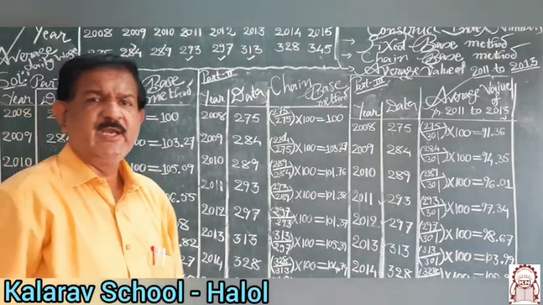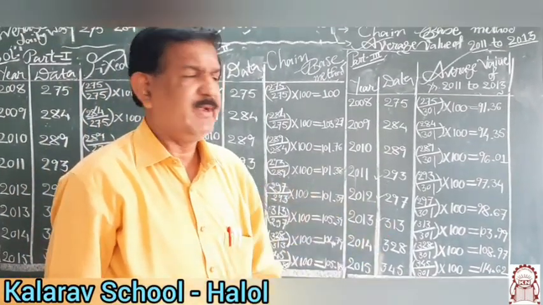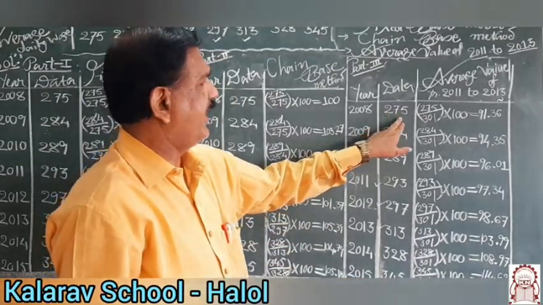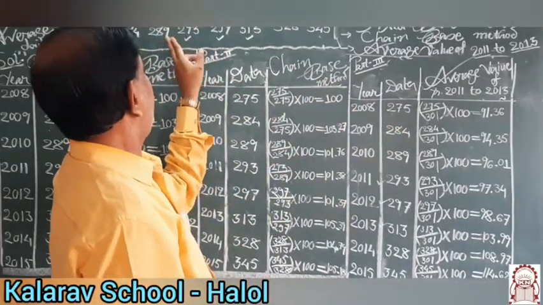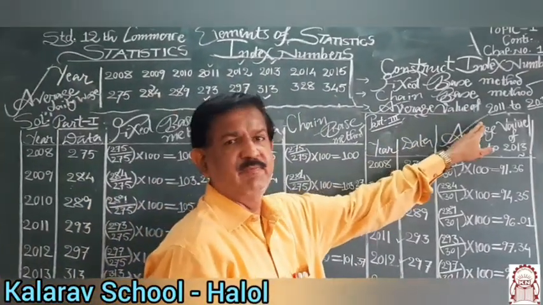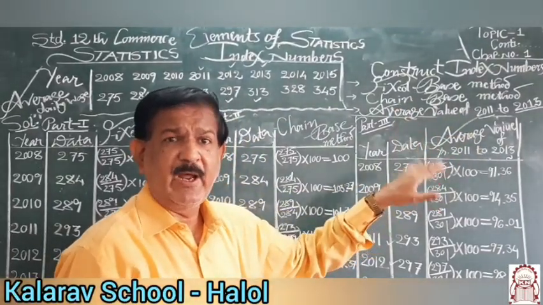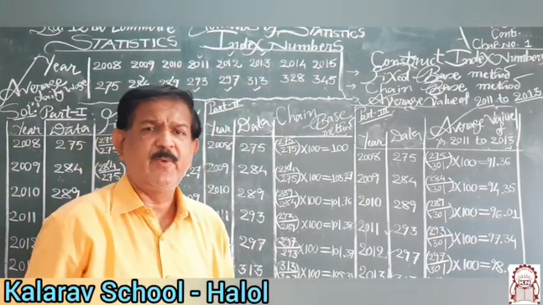For calculating index numbers by using the average method, 275 upon 301. How to get this 301? Take the average value of 2011, 12 and 13 as said. Therefore, in this method, part 3, solution part 3, these are the exercise 1.1.